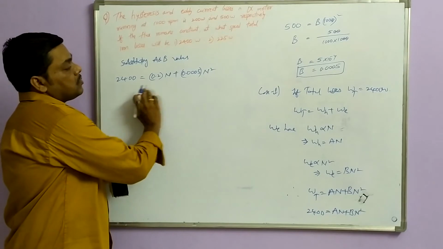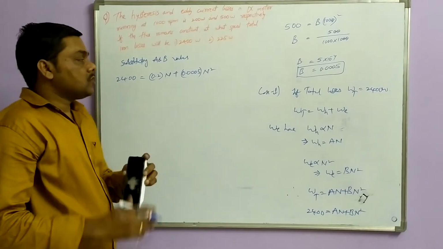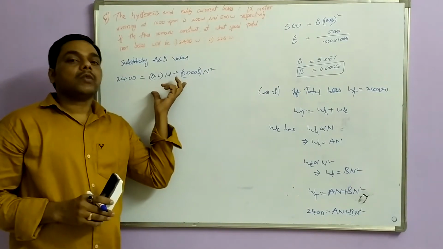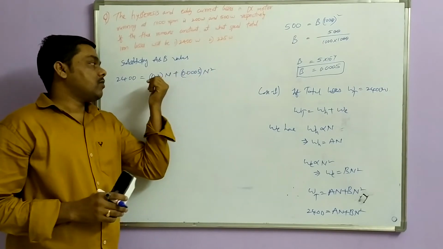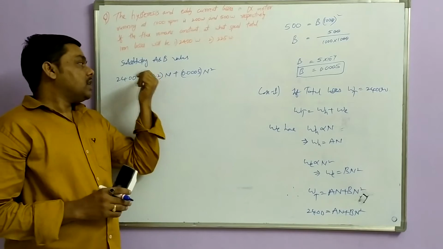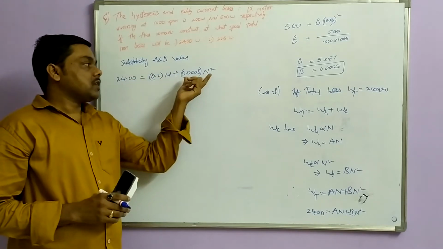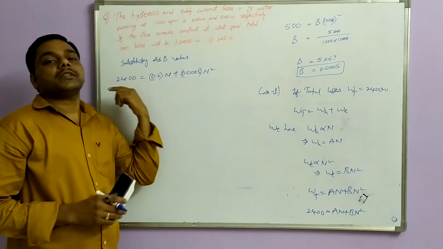If you observe this equation carefully, it is a quadratic equation. One square term is there, one linear term is there, and one constant is there. It looks like x square plus bx plus c.